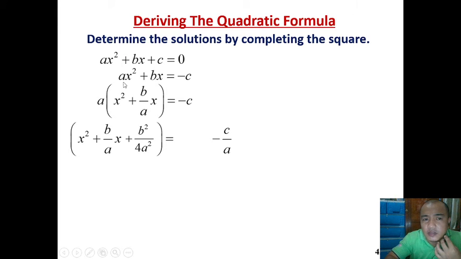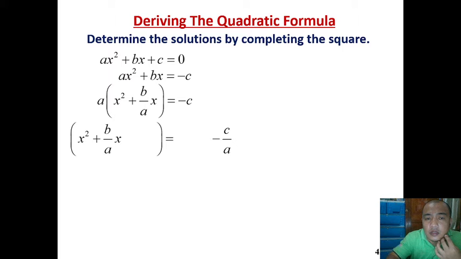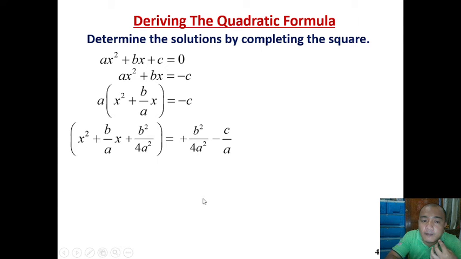What we did here is divide all terms by a, so it became x squared plus b over a x equals negative c over a. Then what will we add to complete the square? b over a divided by 2 is b over 2a, and its square is b squared over 4a squared. Add that to both sides.